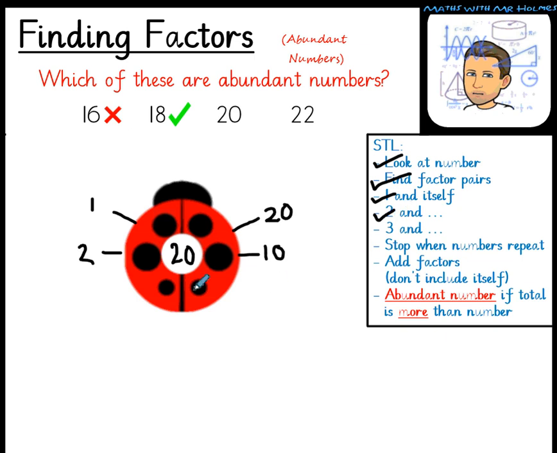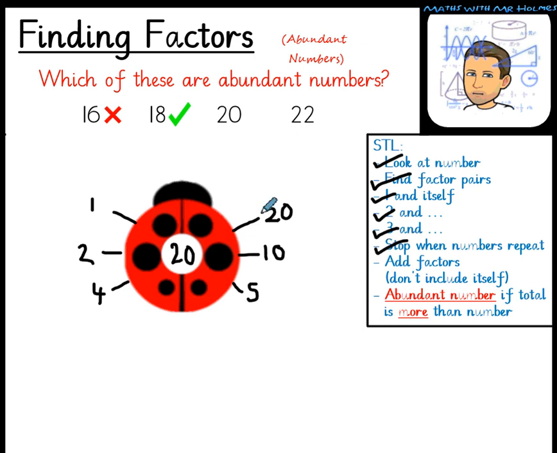Is it in the 3s? No. I can check because 2 adds 0. Not in the 3 times table. Is it in the 4s? Yes, it is. 4 times 5. Is it in the 5s? Oh, and we've repeated. So we're going to stop.